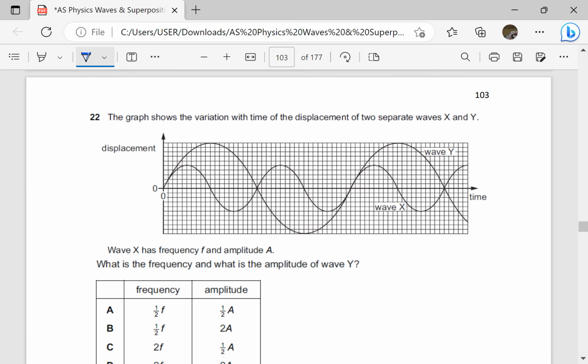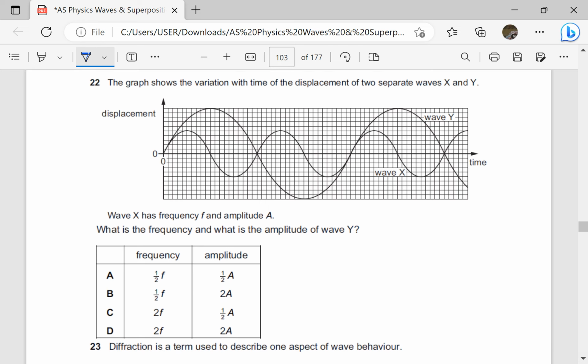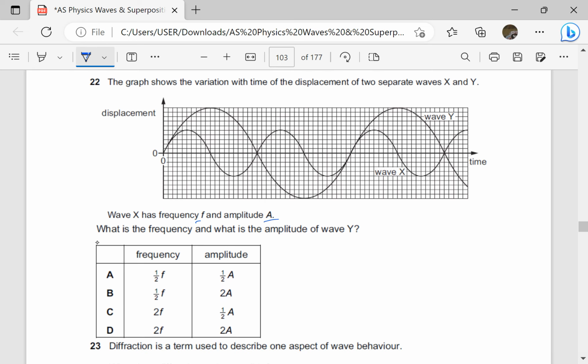The graph shows the variation with the time of the displacement of two separate waves X and Y. Wave X has a frequency F and amplitude A. What is the frequency and what is the amplitude of wave Y?